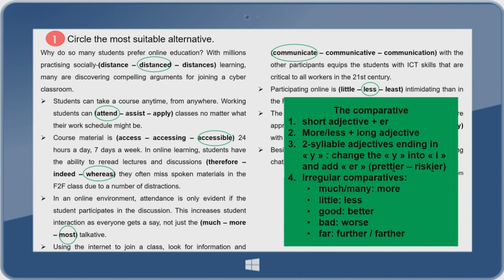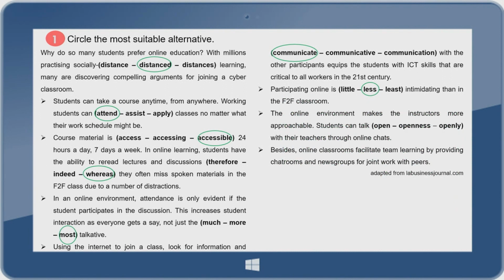And when we have a two-syllable adjective ending in y, we turn the y into an i and we add the er. We do have irregular comparatives as well. So for much and many, more; for little, less; for good, better; for bad, worse; for far, further or farther.